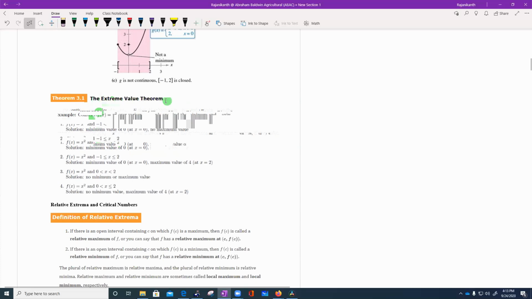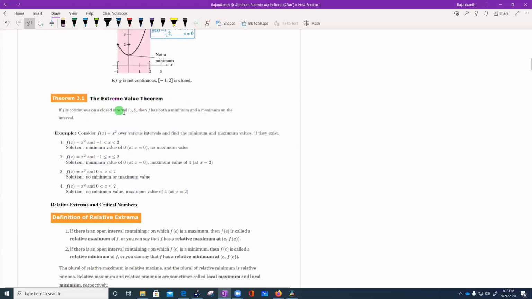What does the extreme value theorem mean? If a function is continuous on a closed interval, then f has both a minimum and a maximum. If you could draw a continuous function within that closed interval, then the function definitely will have a maximum and minimum value.